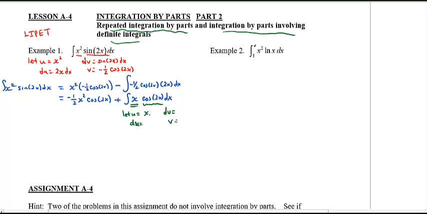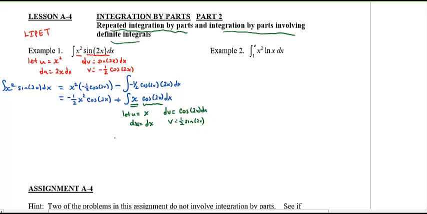That's right, x must be u, another polynomial. du is very simply just dx, that's great to see. dv must be everything else, that's cosine 2x dx, and v would be 1/2 sine of 2x. Alright, now we're ready once again to do integration by parts.